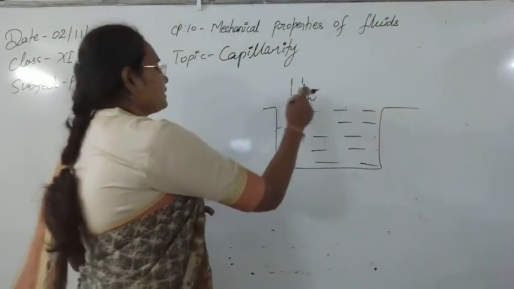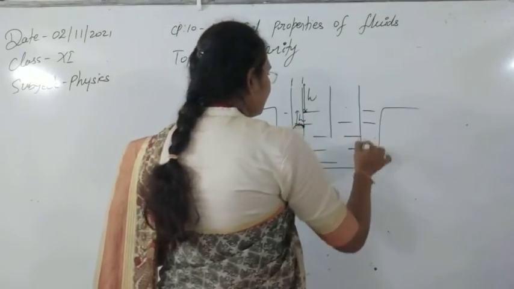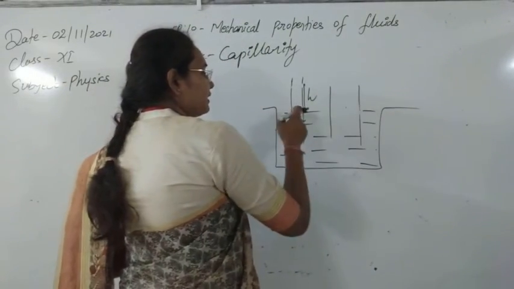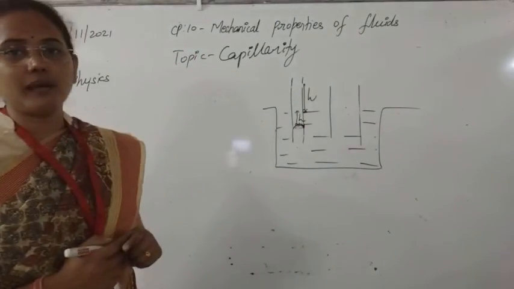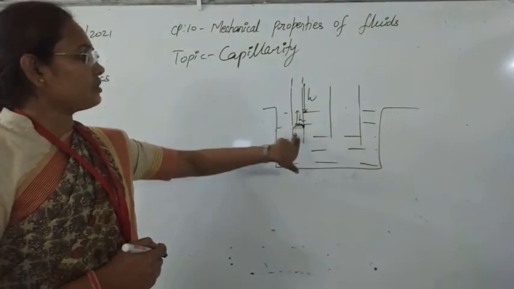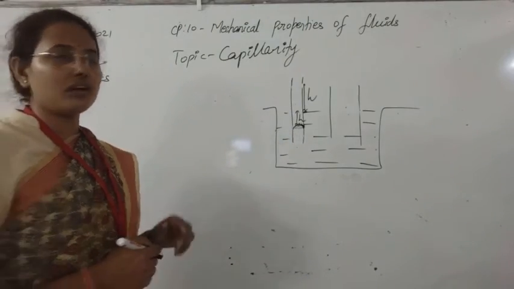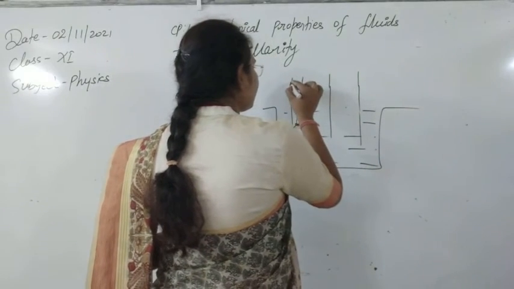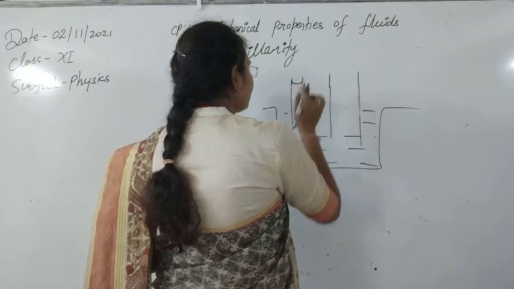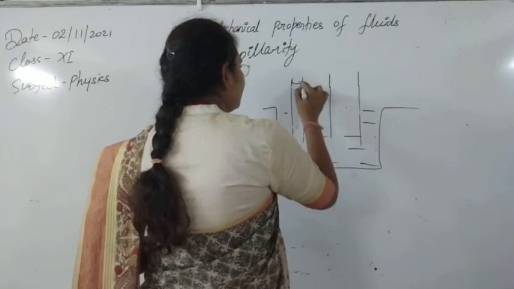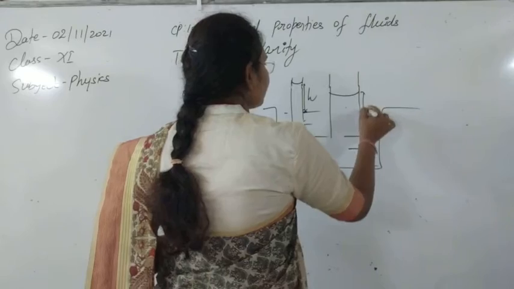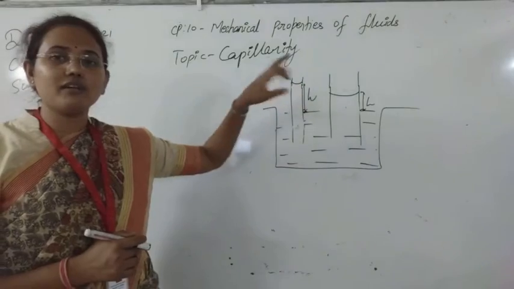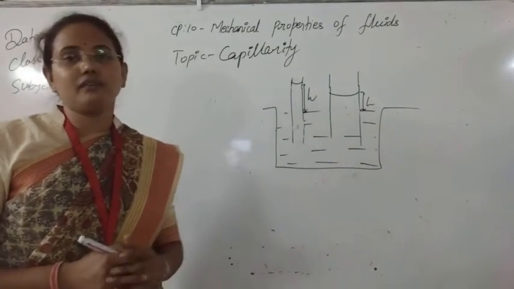Here, suppose we take different capillary tubes. You can see this one has a much larger cross-sectional area than this one. A fine capillary tube means the cross-sectional area is smaller. If the water rises to this height in the wider tube, it will rise only up to this side there. So if we have fine capillary tubes, water will rise higher than in wider ones.